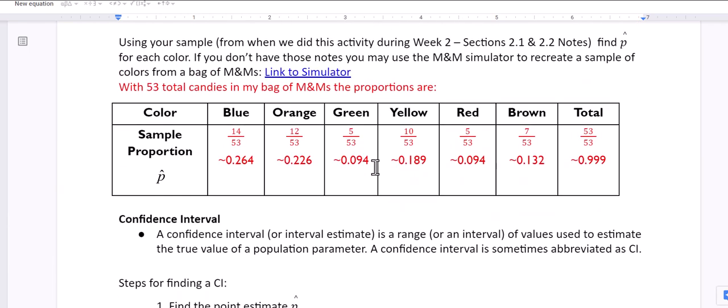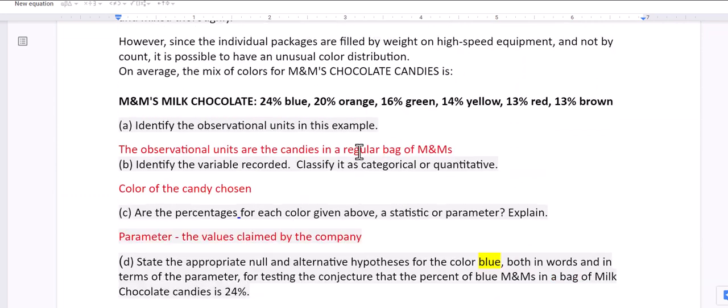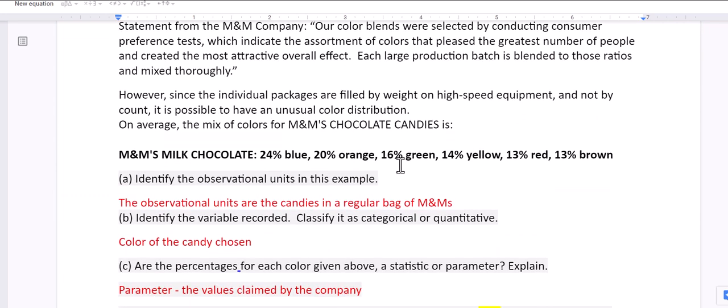So back over here, my green was 5 out of 53, so 0.094 or 9%. And the claim by the company is that there's 16% green M&Ms, right? So then maybe my sample proportion is not a very good estimate, but a sample proportion is supposed to be an unbiased estimator.